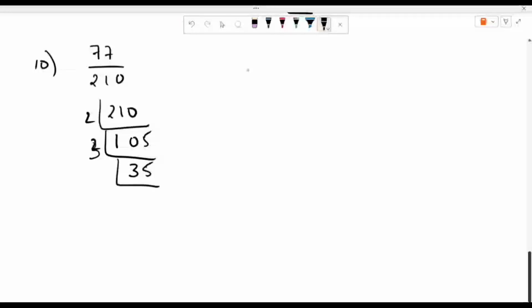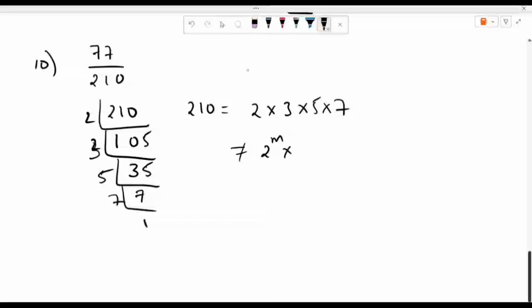Again it goes with 5. 5 7s are 35. Again it goes with 7. 7 1s are 7. So the prime factorization of 210 gives me 2 into 3 into 5 into 7, which doesn't follow 2 to the power of m into 5 to the power of n. So it is a non-terminating repeating decimal.